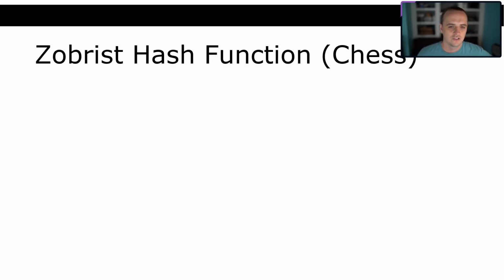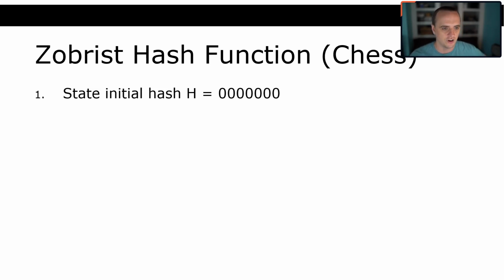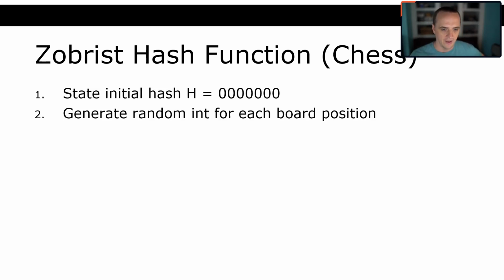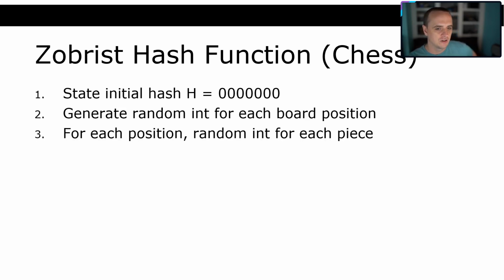All right, so for the Zobrist hash function, we're going to start with an initial hash value of 0. Next, we're going to generate a random integer for each board position. For each position, you're going to have a random integer for each possible piece that could be at that board position, okay?